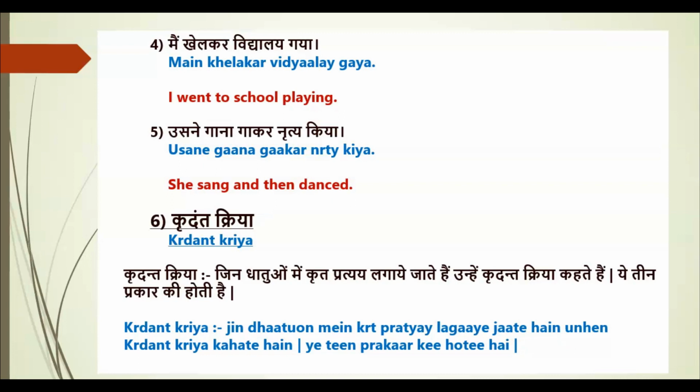Now let's go to the sixth type of kriya. The sixth type of kriya is kridant kriya. Now what is kridant kriya? जिन धातुओं में कृत प्रत्यय लगाए जाते हैं उन्हें कृदंत क्रिया कहते हैं. ये 3 प्रकार की होती है.